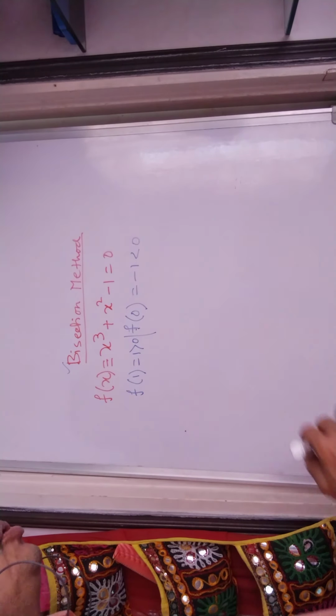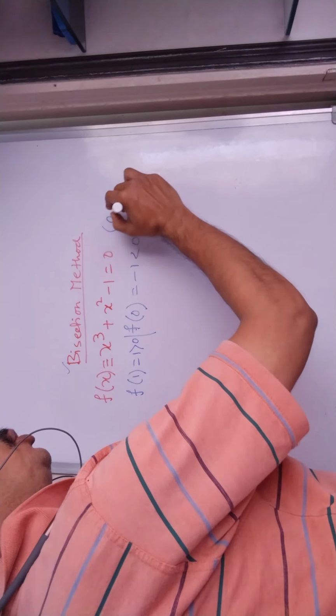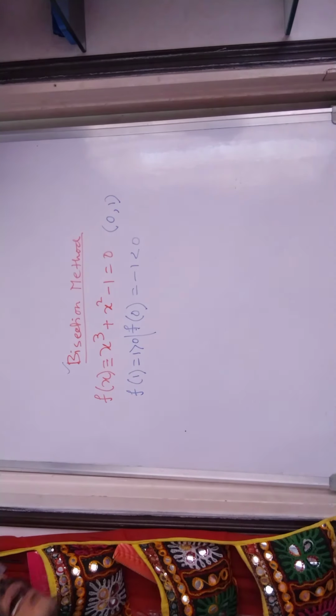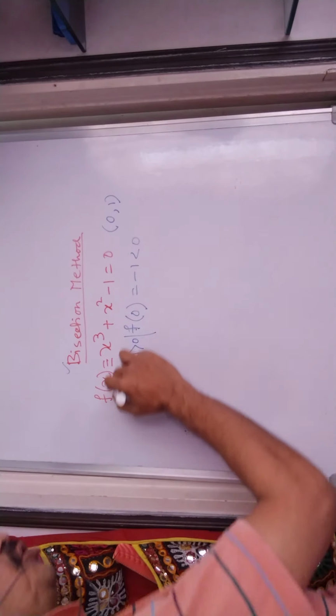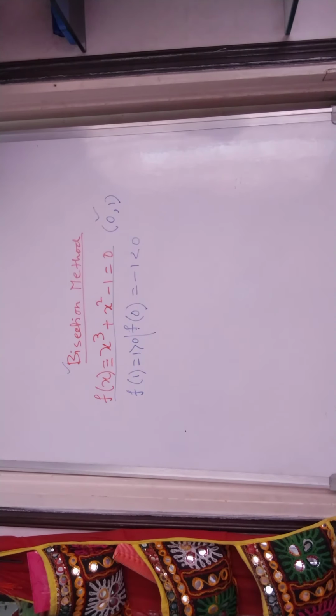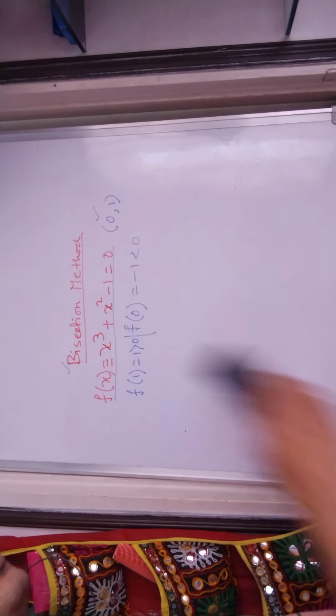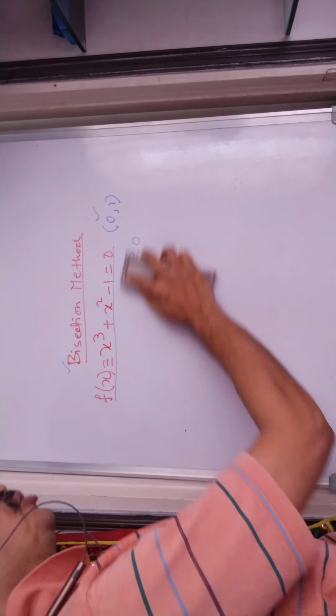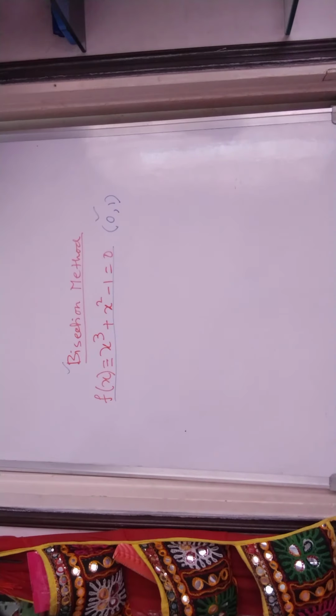Okay, so we choose the interval (0, 1) to contain the root of this polynomial. We claim that at least one root of it, it has three roots, this is a cubic equation, at least one real root is contained in this interval (0, 1).